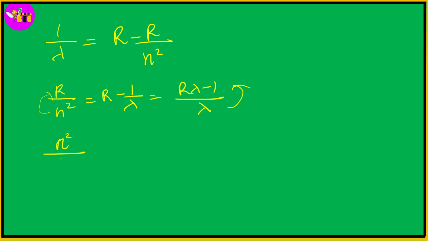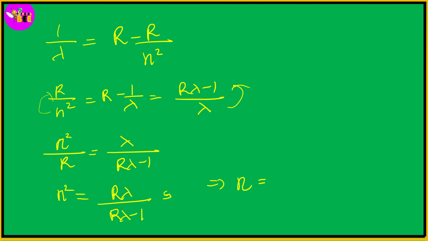So we get n square by R is equal to lambda by R lambda minus 1. Taking R to the other side, we get n square is equal to R lambda by R lambda minus 1. So this gives n is equal to root of R lambda by R lambda minus 1.